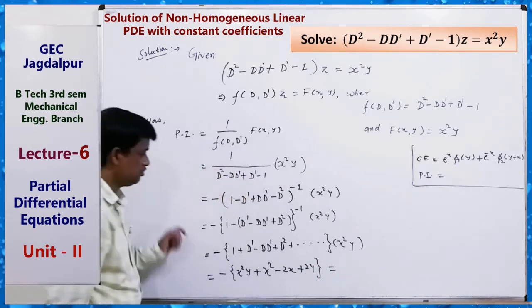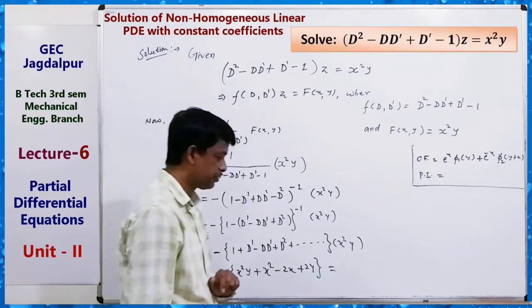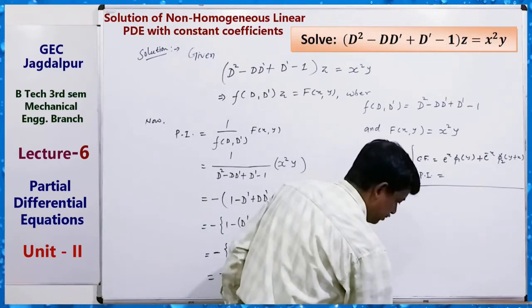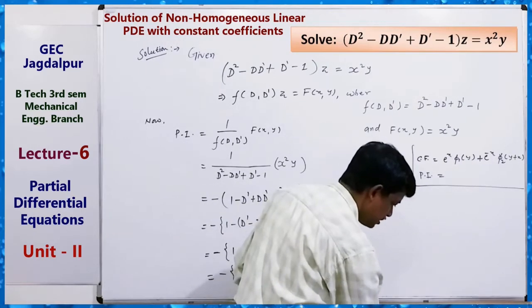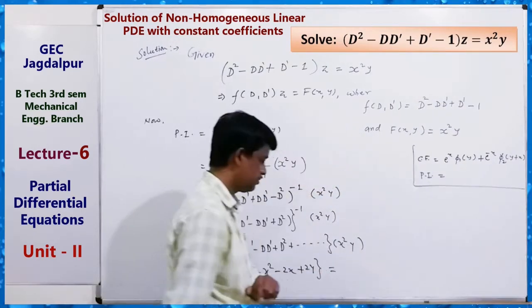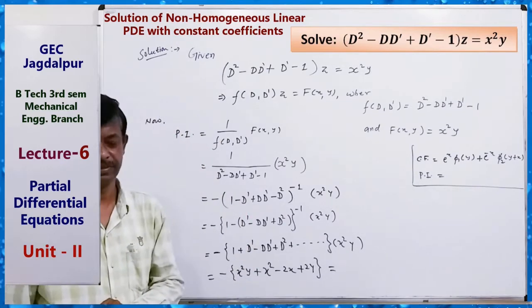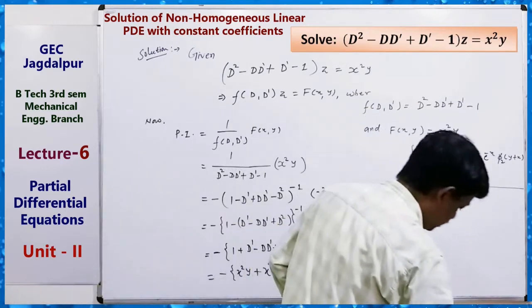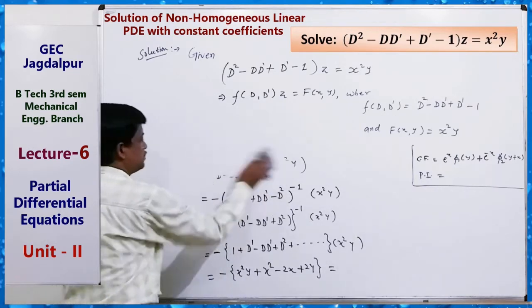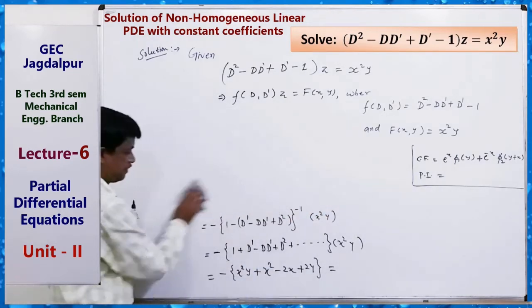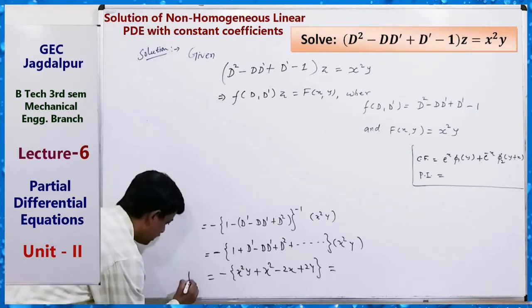Okay, so this is the value of PI: x square y plus x square minus 2x plus 2y. This is PI. Clear? PI.